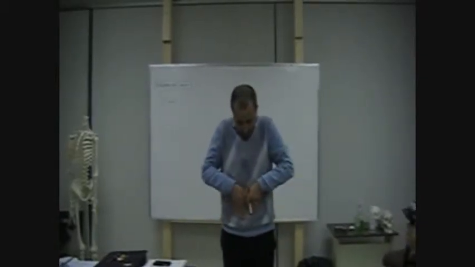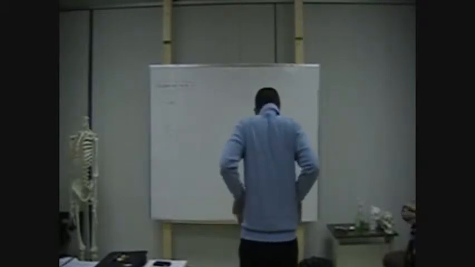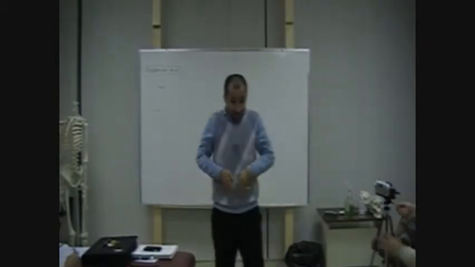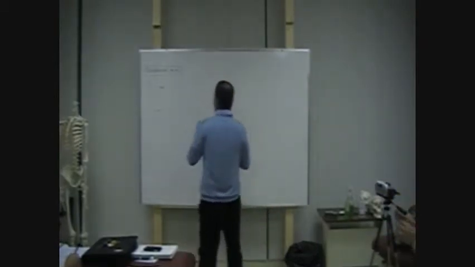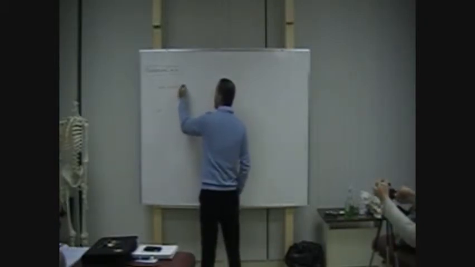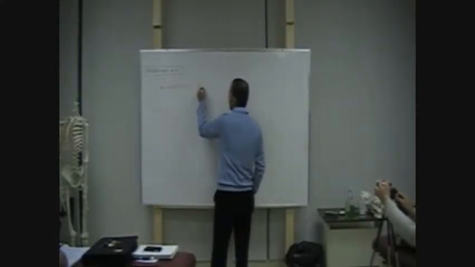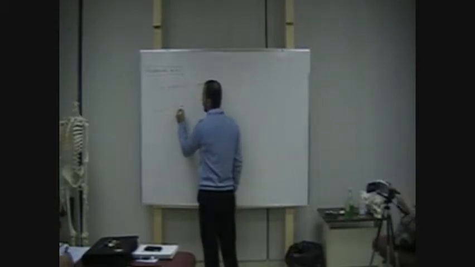So some muscles cover here, up to here, and some muscles cover the posterior side of the abdomen, right or no? So anterior and lateral side, they call it the anterolateral group. And the other one is the posterior group.